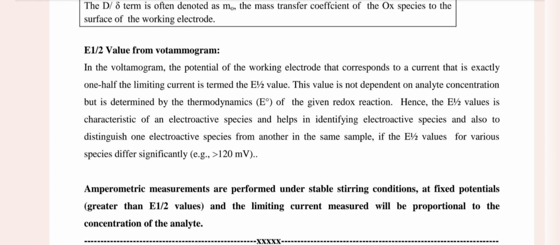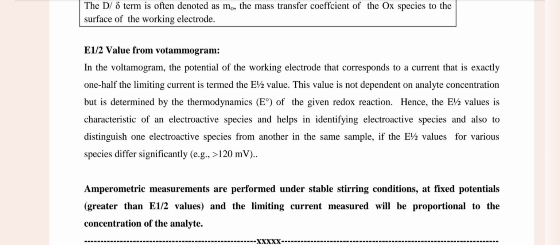This value is not dependent on the analyte concentration, but is determined by the thermodynamics of the given redox reaction. Hence, the E half value is characteristic of an electroactive species and helps in identifying electroactive species and also in distinguishing one electroactive species from another in the same sample, if the E half values for various species differ significantly.